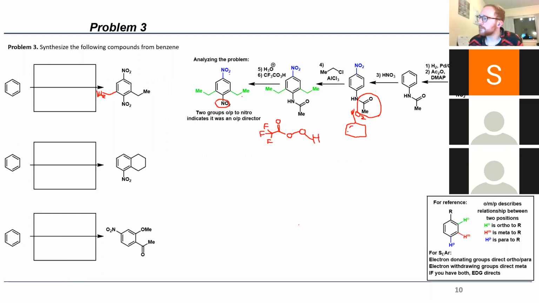If you have the free aniline unprotected, it will react with the Lewis acid, in this case aluminum trichloride, to form this Lewis acid-base adduct, and this makes it unreactive in the Friedel-Crafts alkylation reaction. And so you do need to do a protection step here.